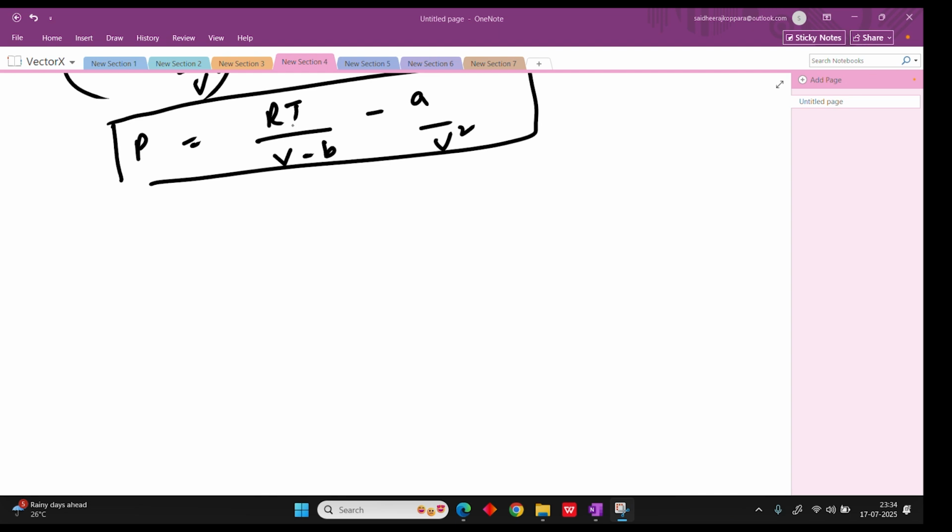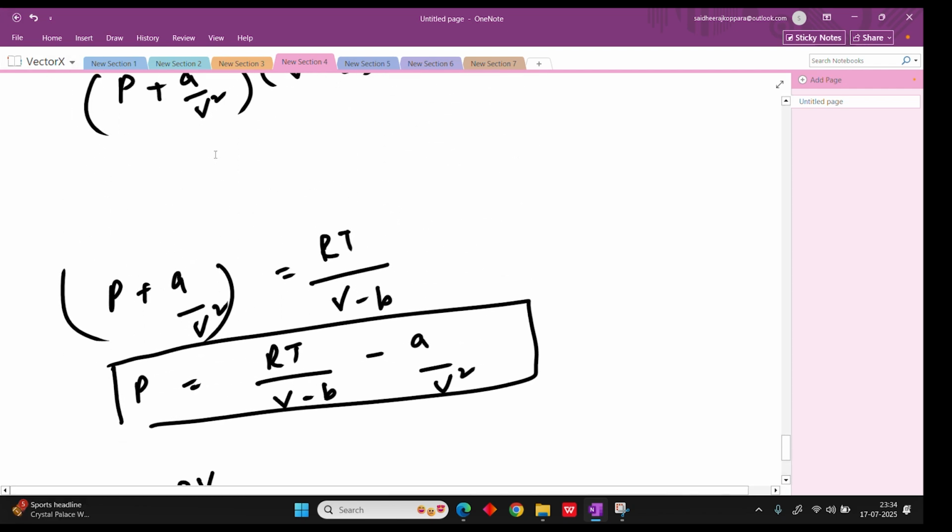So again, you convert this by dividing it with RTV. Your equation should be like PV by RT. This is what you want from the above equation.